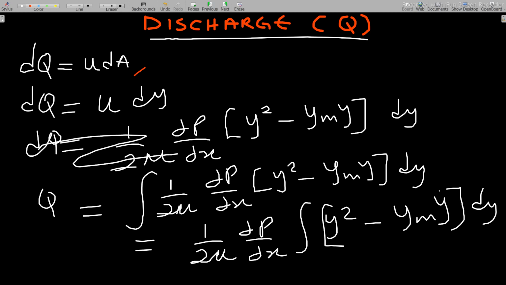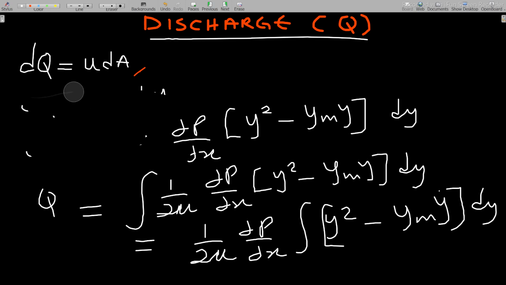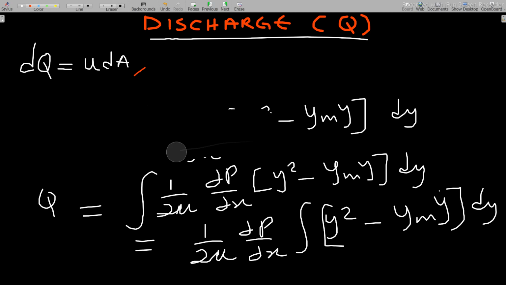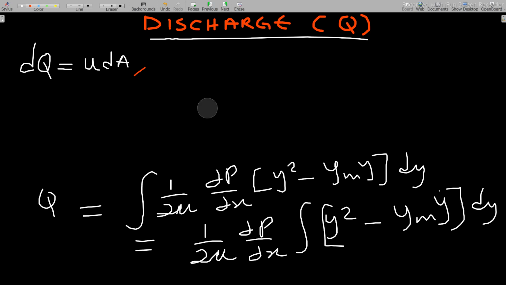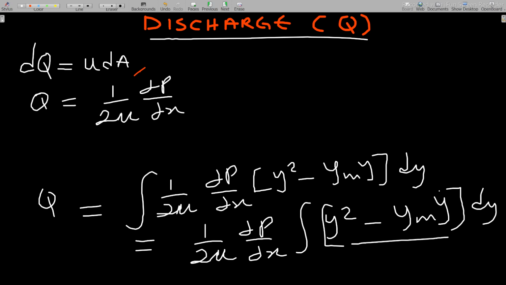All right, sorry. Let's erase it first. I hope you understand whatever we are doing, because it's very simple like that. Now my K will be equal to 1 over 2 mu del P del X, then you will have to integrate this whole thing from 0 to y max.